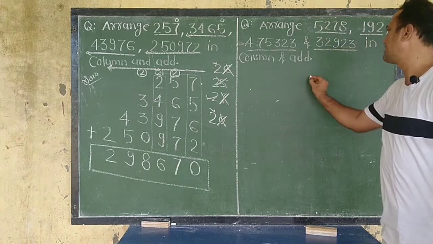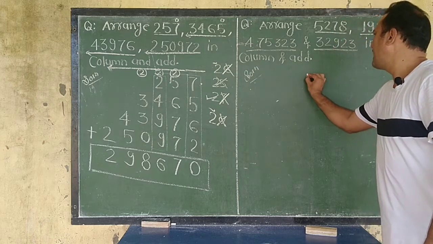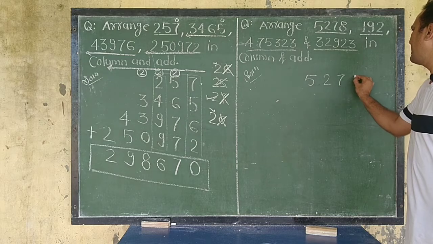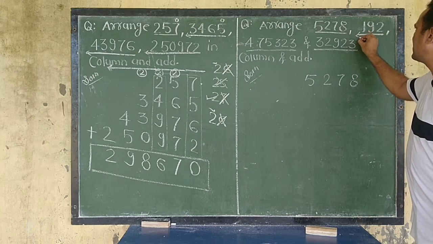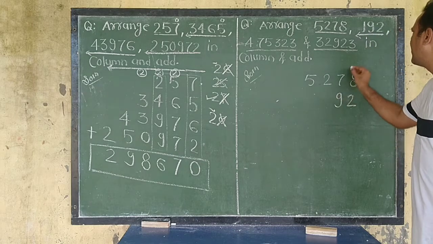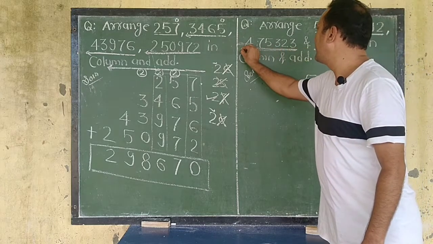Okay, first given this, then write the solution. 5, 2, 7, 8. Now arrange this number from this side to this side. Then write here 2. Arrange this 9 here. This 1 here.